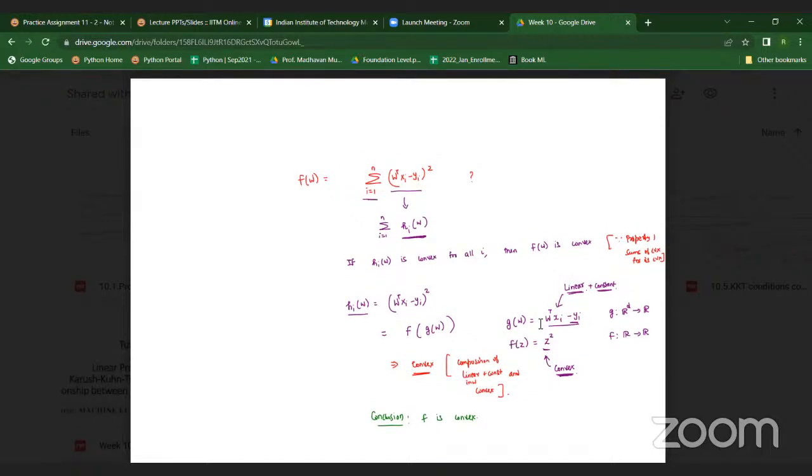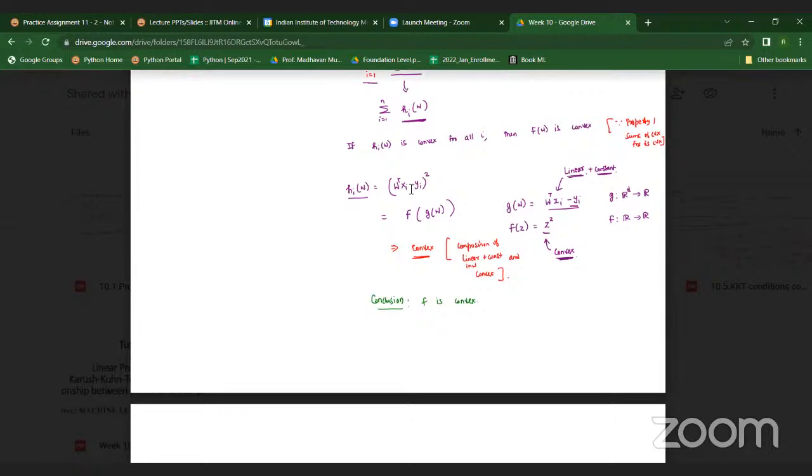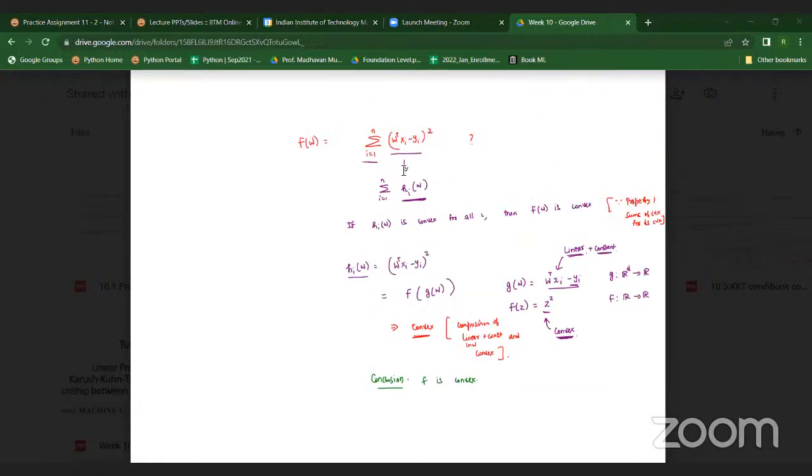We know that x square is a convex function, so this is a convex function. For us to minimize it, we could be solving it using the normal gradient descent method.